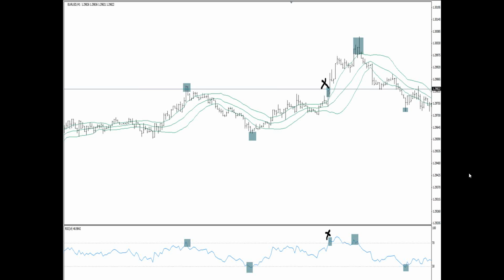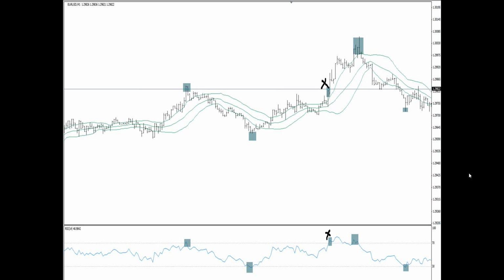There's a question from Leo: does price moving beyond the BB lines mean it needs to close beyond the BB lines? Yes, it needs to close beyond, of course. But at the same time, RSI needs to be below or above those levels.